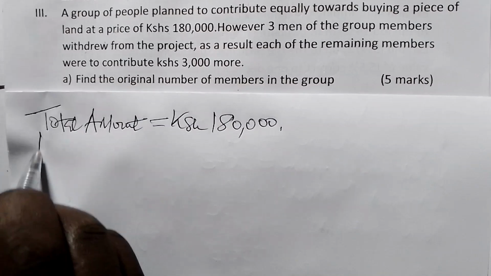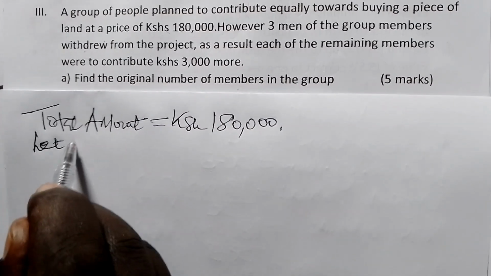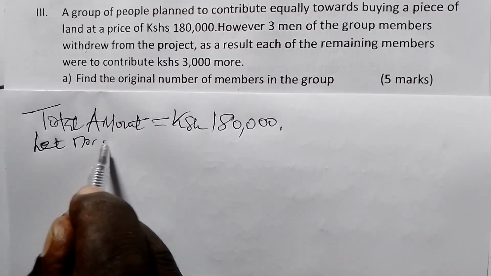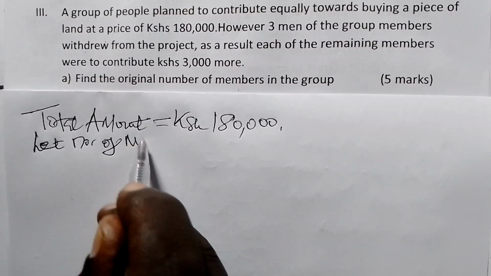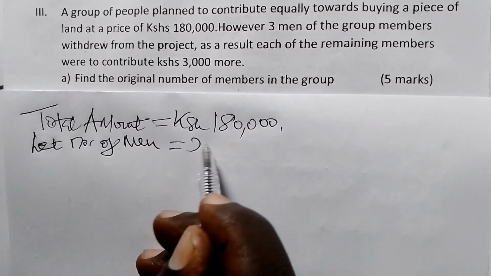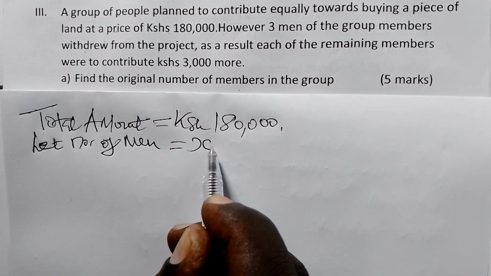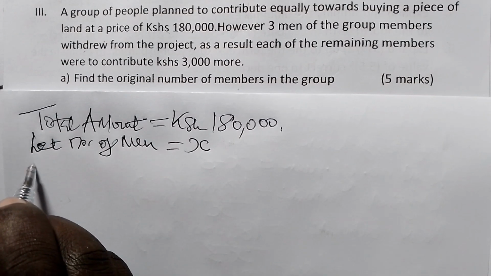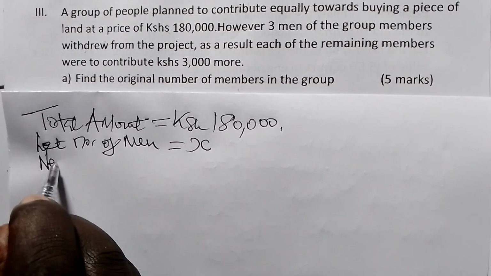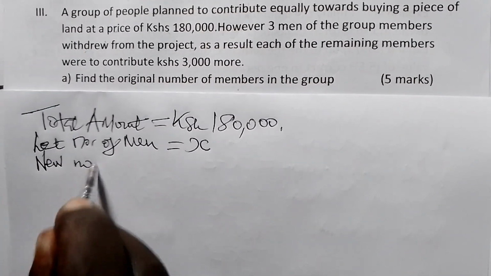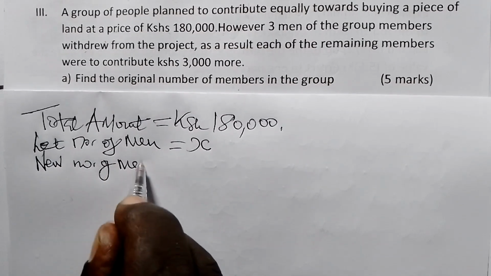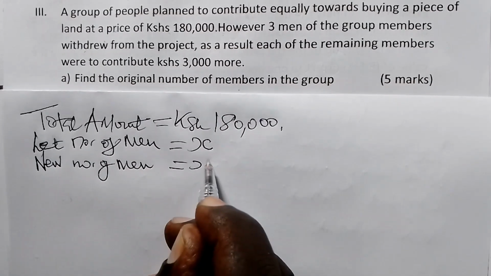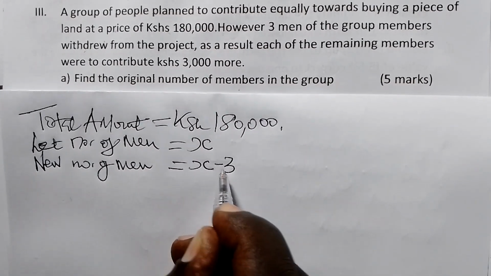Let the number of men be represented by X. After 3 members withdrew, the new number of men will be given by X minus 3.